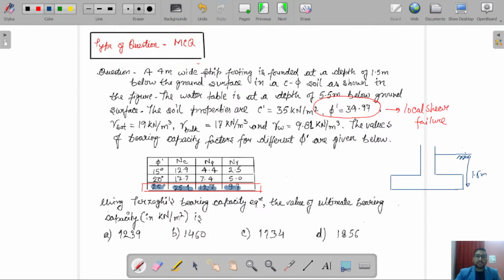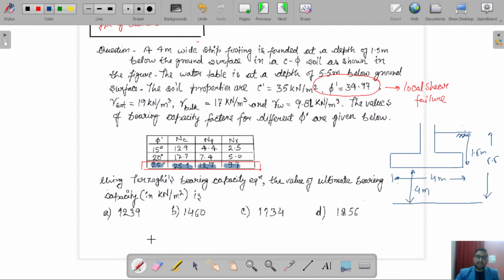And width of foundation is 4 meter. The zone of influence up to which this foundation is going to transfer its load will be equal to the width of foundation below the foundation level, that is 4 meter. So complete depth becomes 5.5.